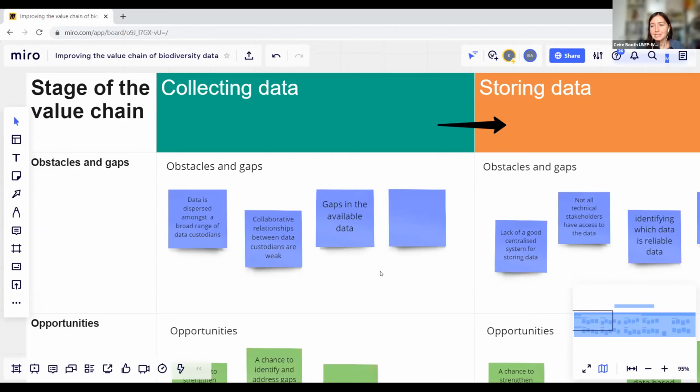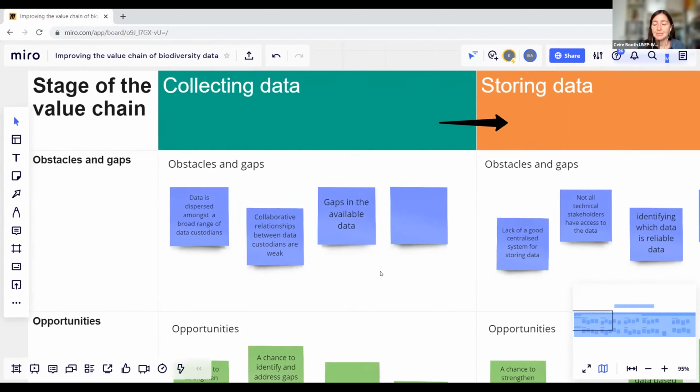That's certainly something that's already cropped up so far in the presentations, that it can be a real expedition to get hold of that data from all the various data holders. We've also got, perhaps in some contexts, collaborative relationships between different data custodians that can be quite weak, or indeed gaps in the available data, which is very often the case.